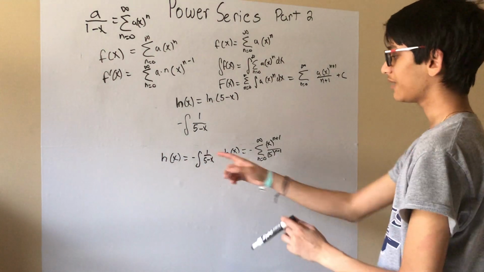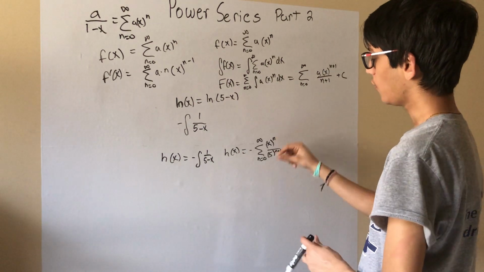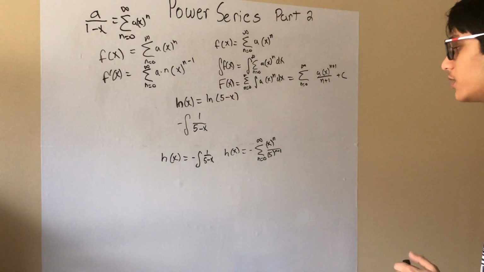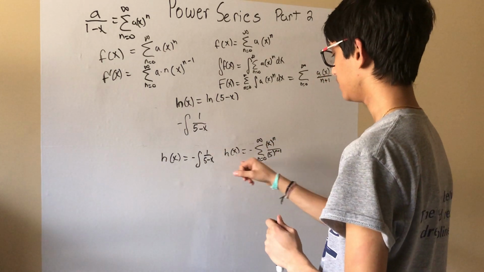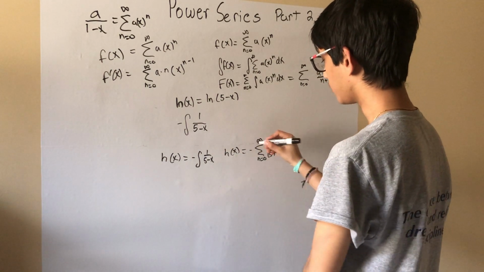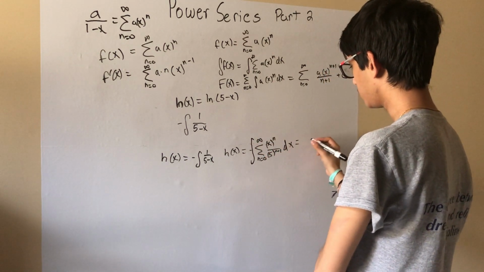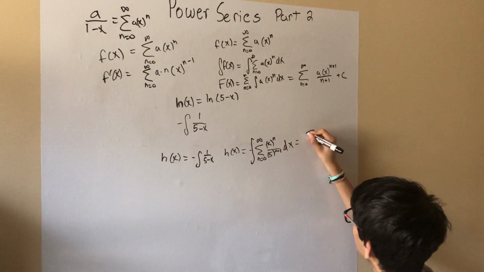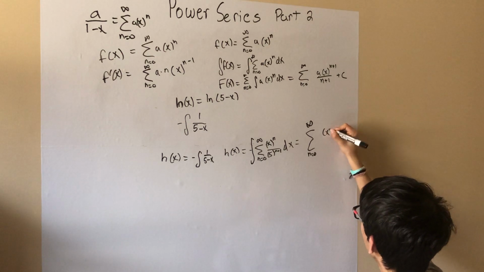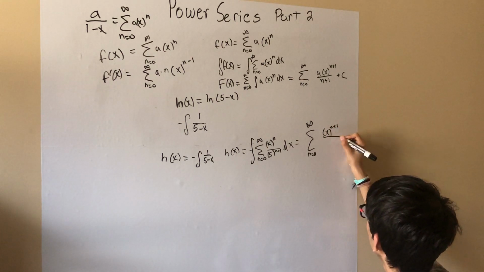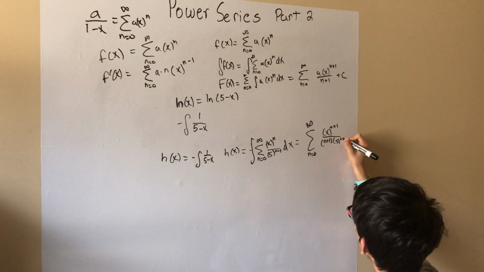No, it was not, because that was x over. So it was just x to the n over 5 to the n plus 1, right? And now we can see that we've got to take the integral of this, dx, which equals the sum from n equals 0 to infinity of x to the n plus 1 over n plus 1 times 5 to the n plus 1.